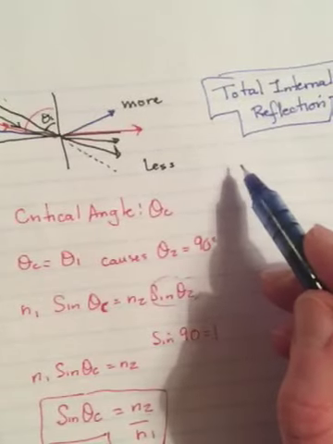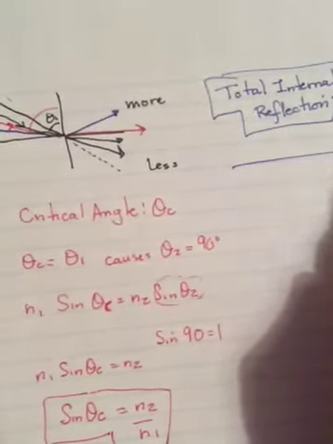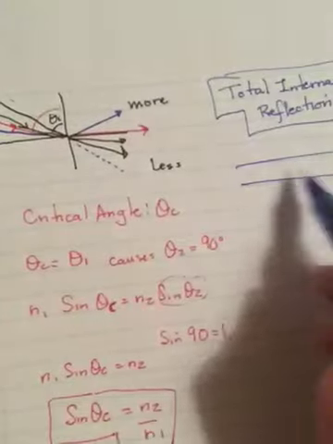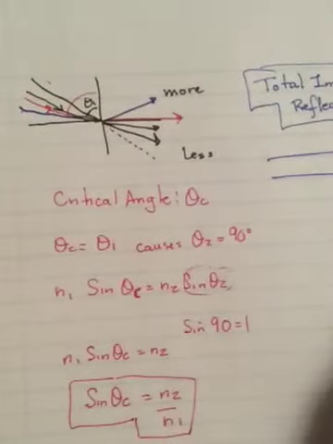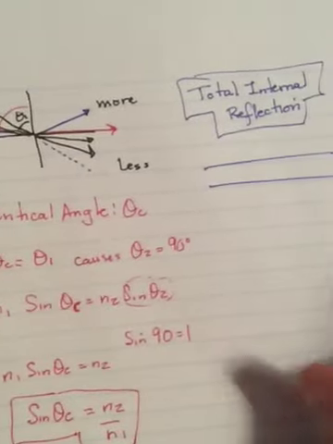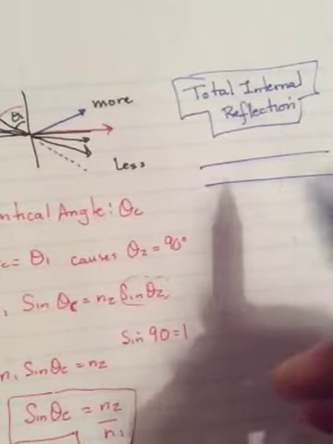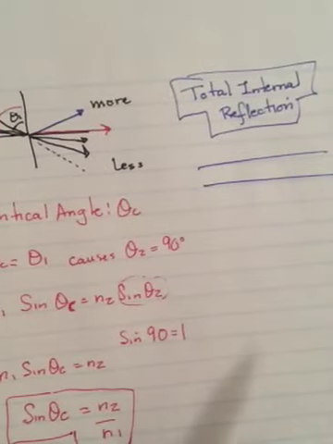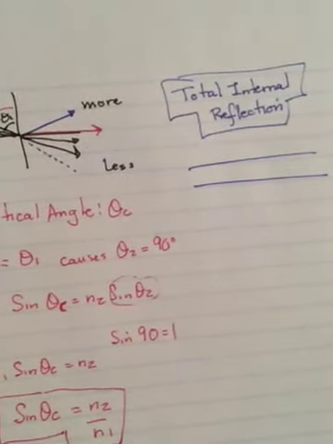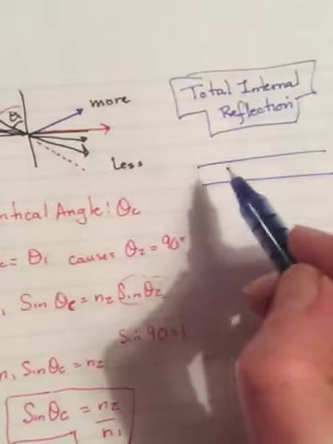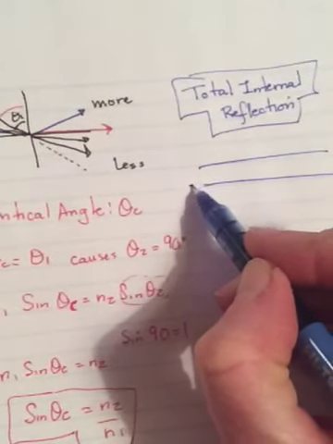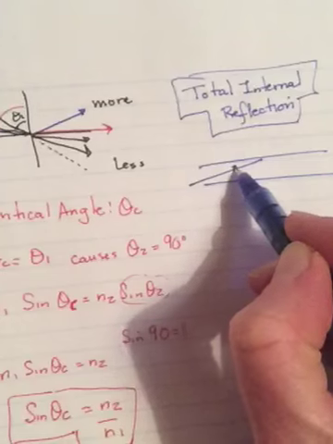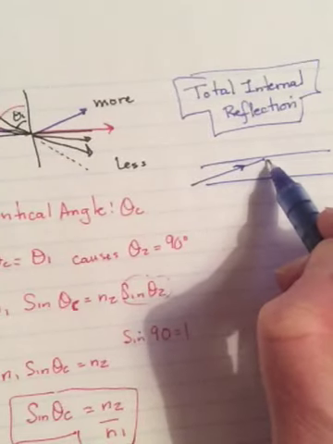We use this principle in something called fiber optics. Fiber optics are tiny little glass tubes. Now, they're really tiny. You might see them sometimes in Christmas decorations where they're really small. And we use it to pass light along. So we shine light in at an angle bigger than the critical angle.